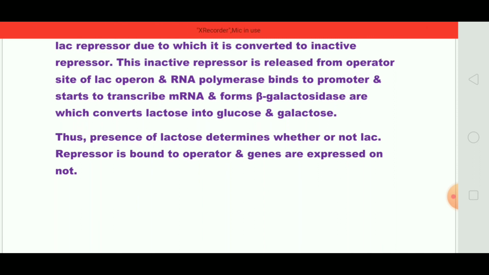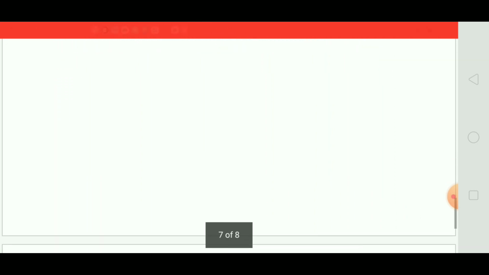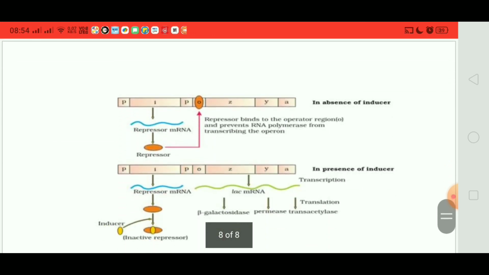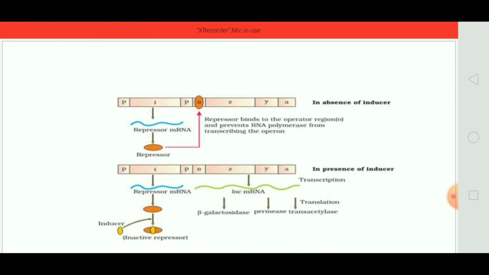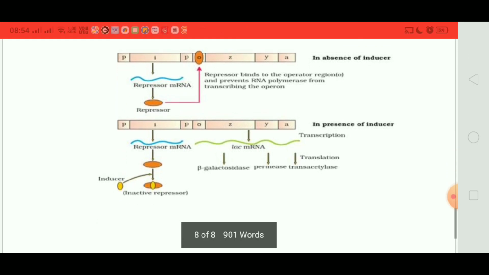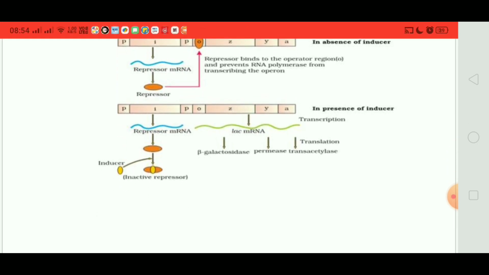So the presence of lactose determines whether or not the lac repressor is bound to the operator, and whether the gene is expressed or not. In this way, there is expression in the presence of inducer and no expression in the absence of inducer.